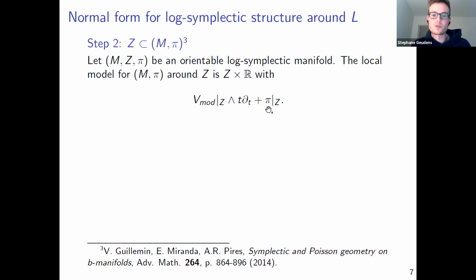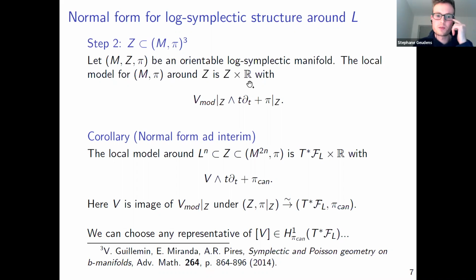So it involves the Poisson structure induced on Z, the Euler vector field, and it involves the choice of modular vector field on M, and you take its restriction to Z. So there is a bit of freedom in this formula. You are free to choose any representative of the modular class, and this will be useful in the following.